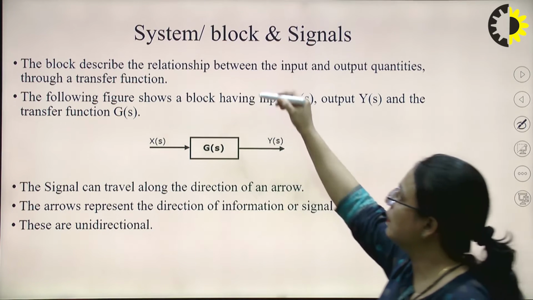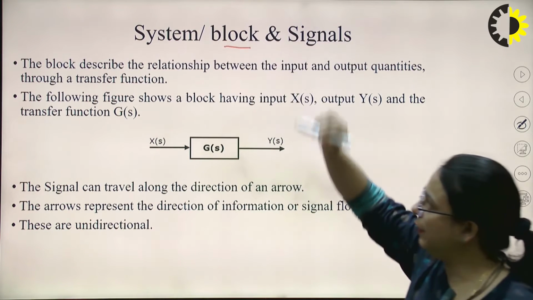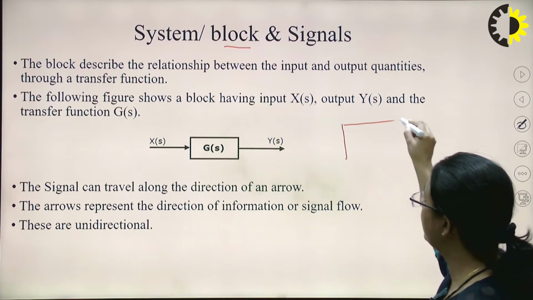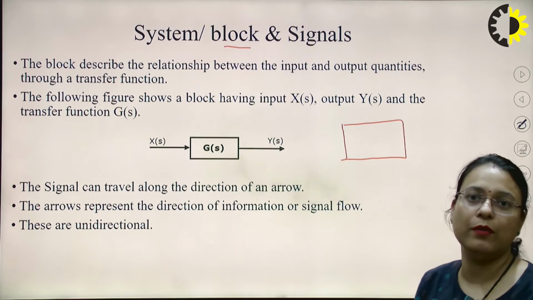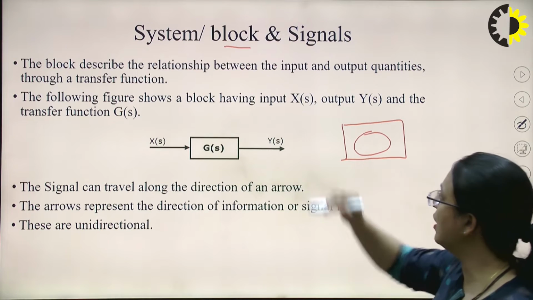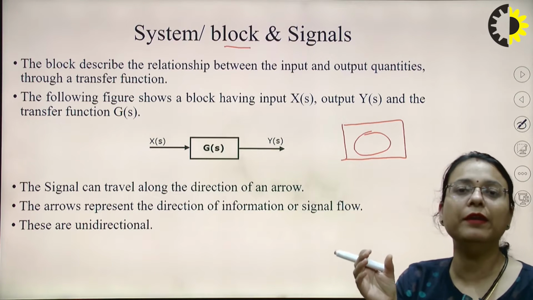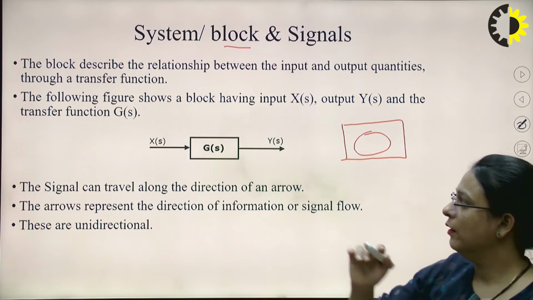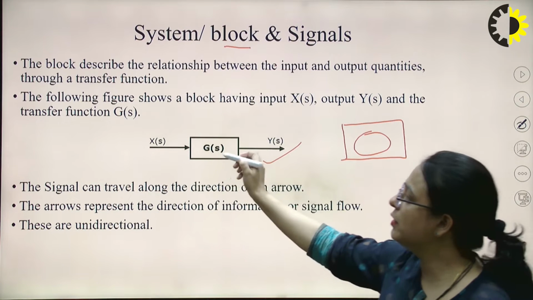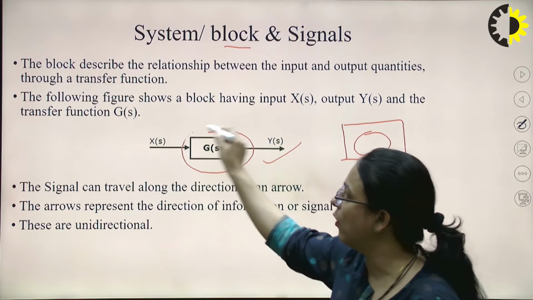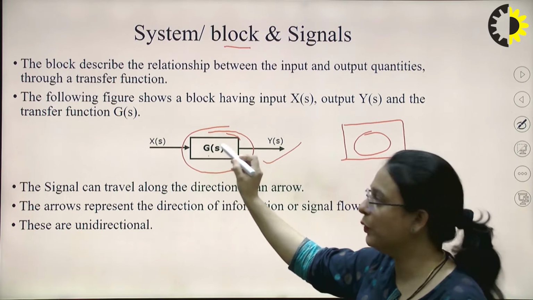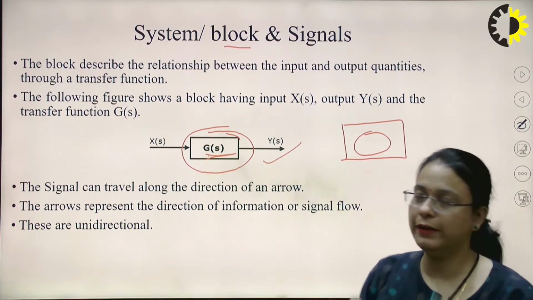So first we'll talk about the block. What is a block? A block is represented by a rectangular box, okay? This block has the transfer function of a particular element inside it. You can see this in the picture. In this figure, this rectangular box is a block with G(s) written inside it.